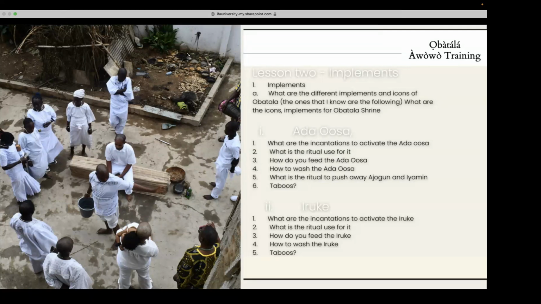Likewise, the drum, which we call the igbe. All these things are musical instruments that call down the spirit of Orishala. A lot of things go on while we are dancing and singing.